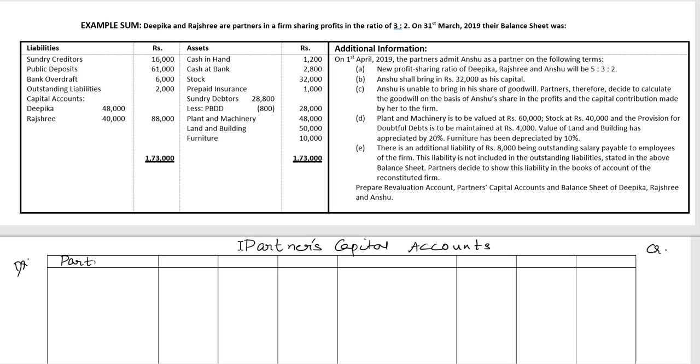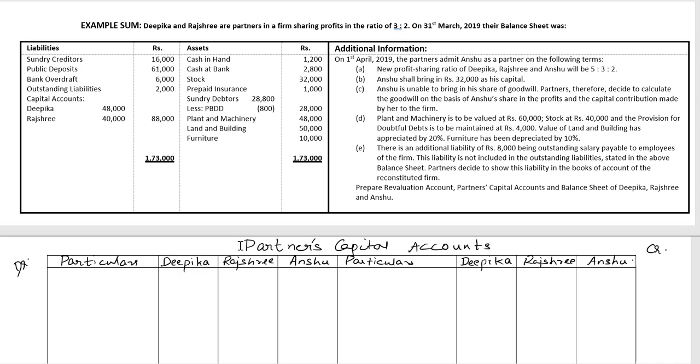Particulars, Deepika, Rajshri, Anshu. On the credit side, again, particulars. Column for Deepika. Column for Rajshri. And column for Anshu.